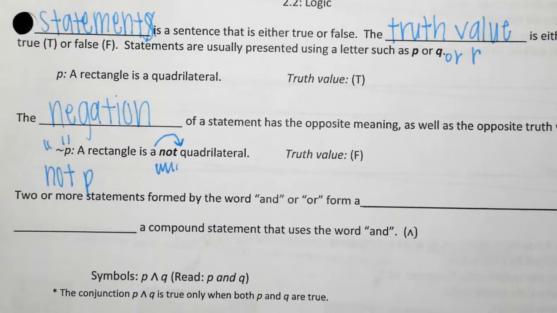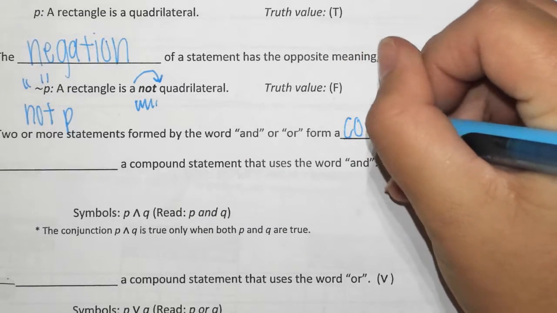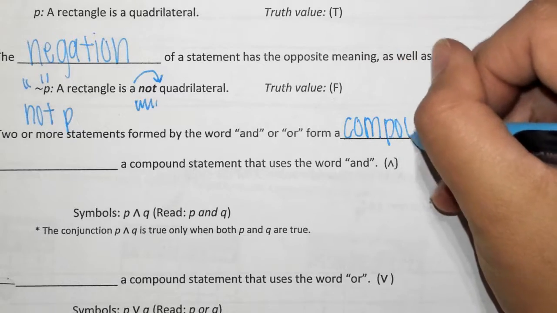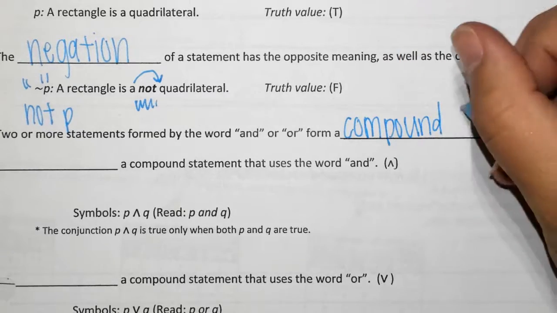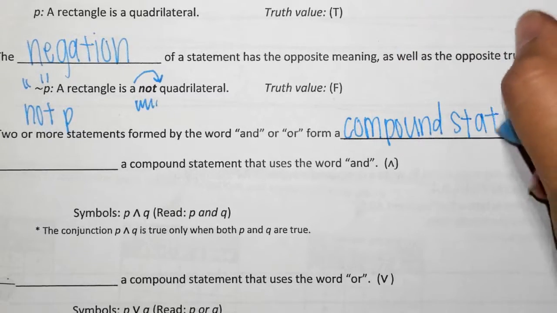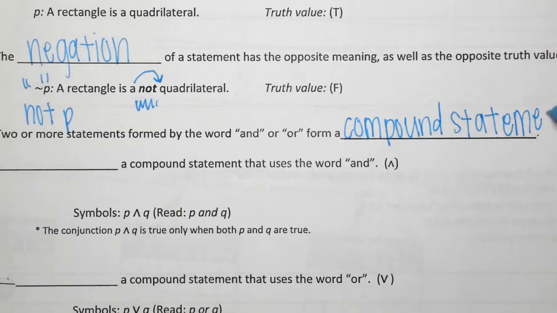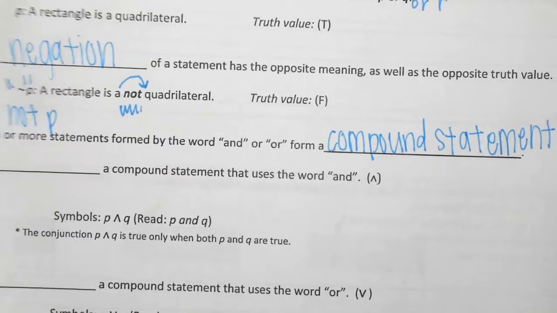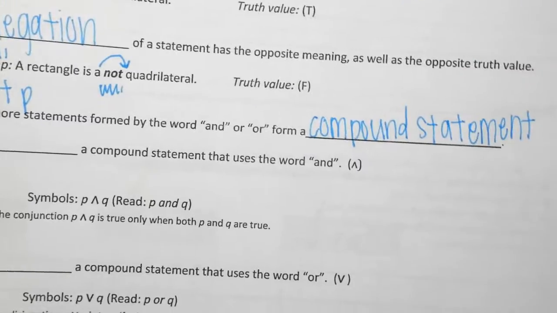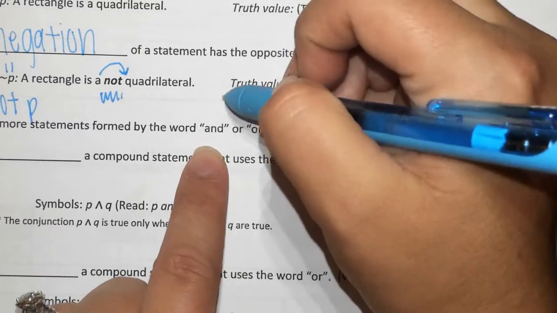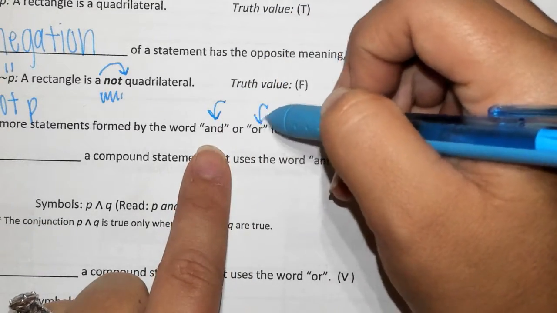One statement is a single statement. Judah is wearing a blue shirt. That is one statement. We can also have what we call compound statements. A compound statement uses the word and, or or.